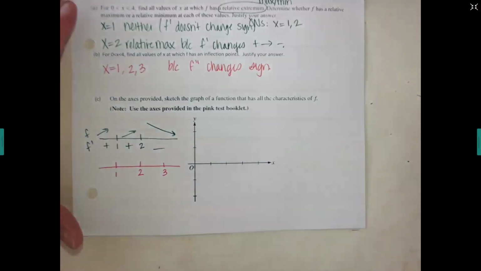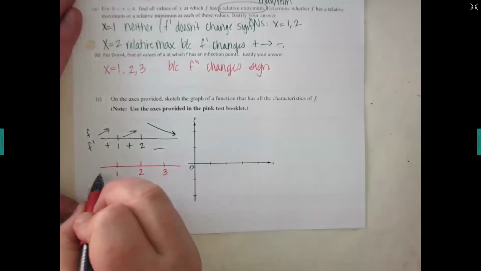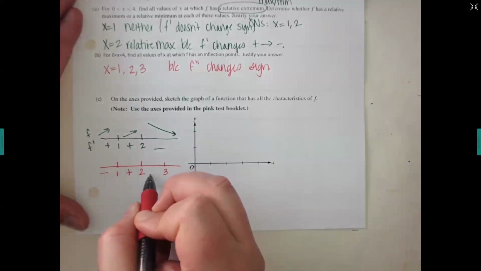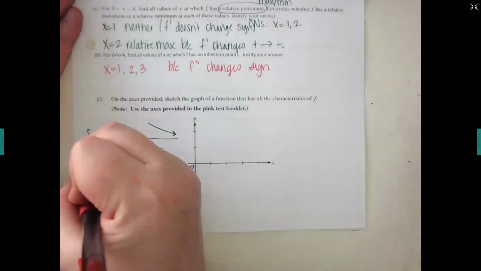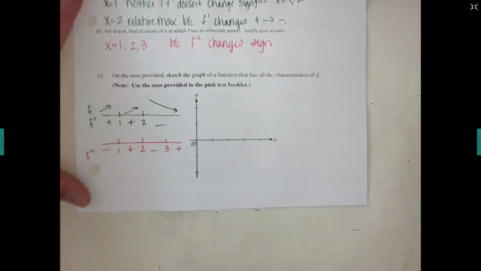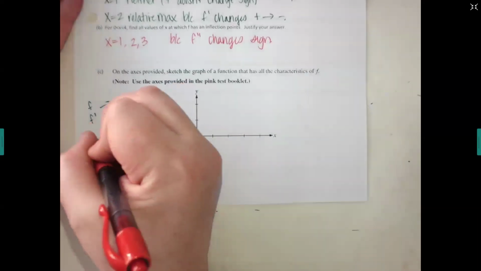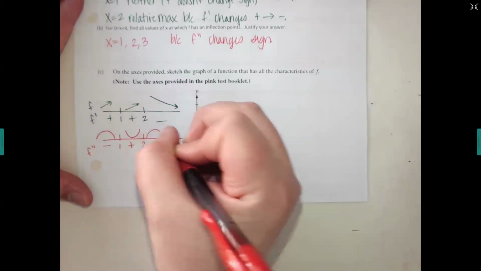Positive or negative? Negative. Then it switched to positive, then positive. Now, if this is F double prime, that tells me concavity. So my graph needs to start concave down, then up, then down, and up.